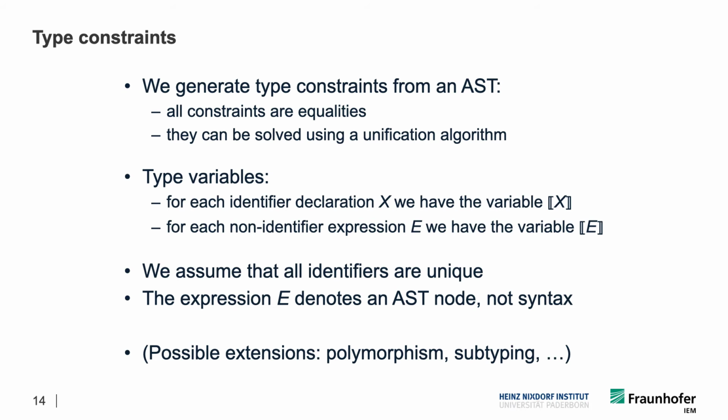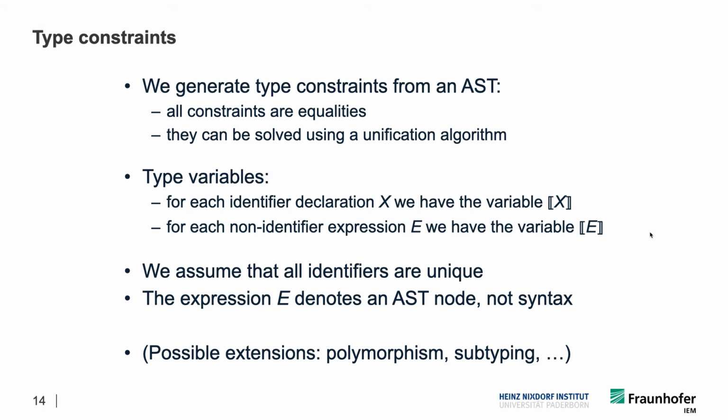We also allow type variables. So these are placeholders for types that have not yet been resolved, that are going to be resolved by the unification algorithm. And here we are assuming that for each identifier declaration X, we have such a type variable here. And for each non-identifier expression, so for instance, something that is computing a number, let's say, we have such variables.